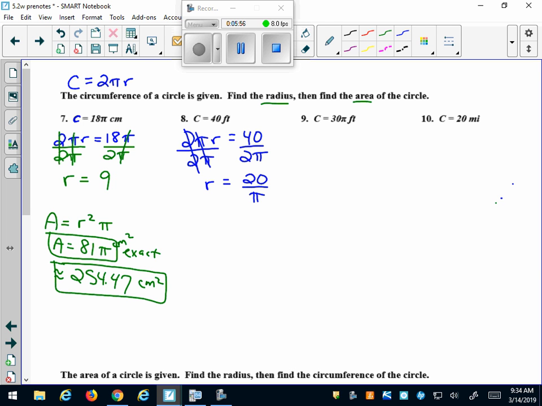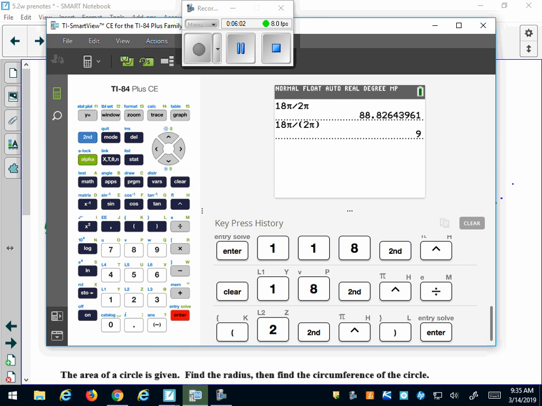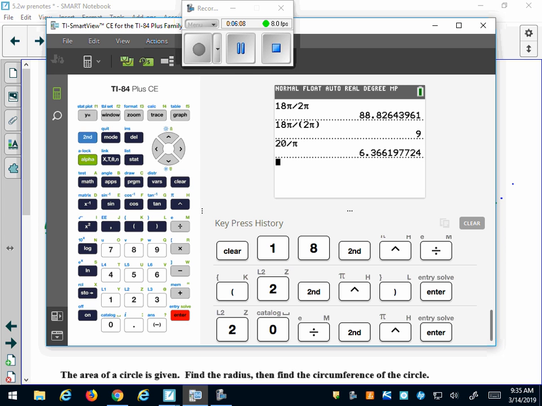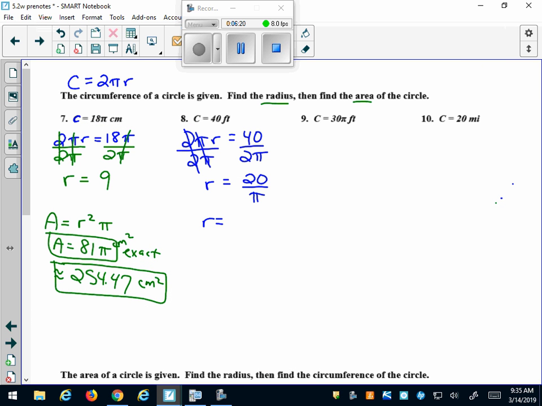Okay, so if the radius is 20 over pi, we're going to put that into our calculator. 20 divided by pi. And we're going to get 6.366, etc. Now, on my paper, I might round that to approximately 6.37.